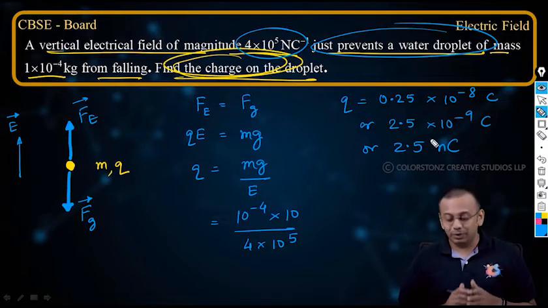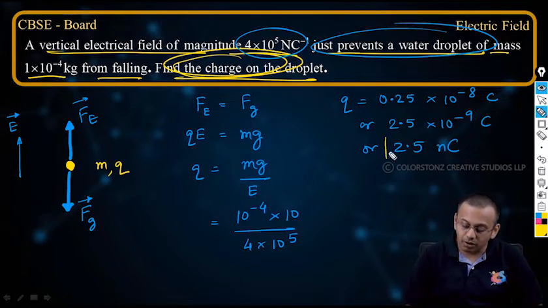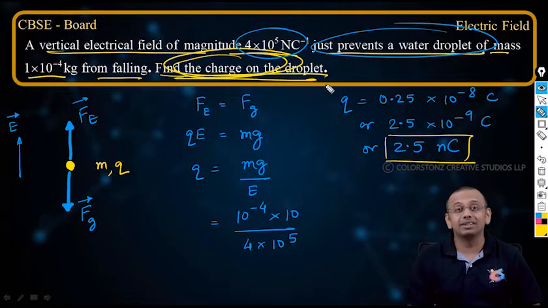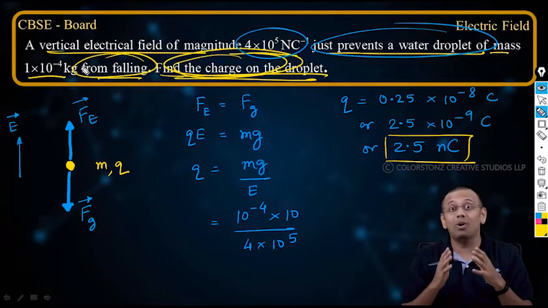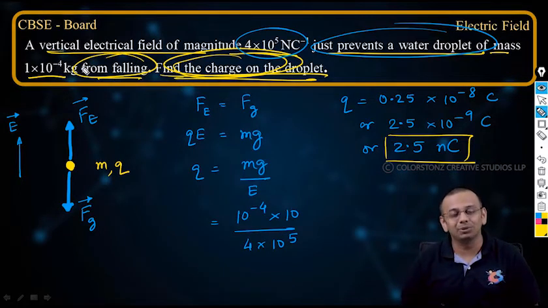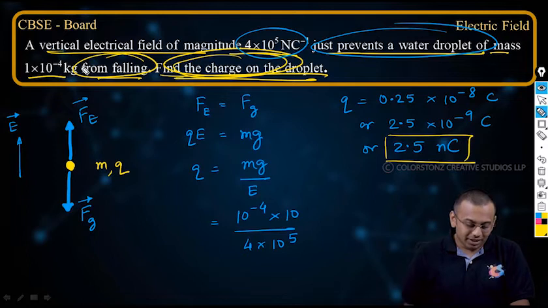And this will be the answer. This is the charge required on that droplet so that it remains suspended in air. It does not fall. It just remains stationary in equilibrium mid-air. So this is how we solve such questions.